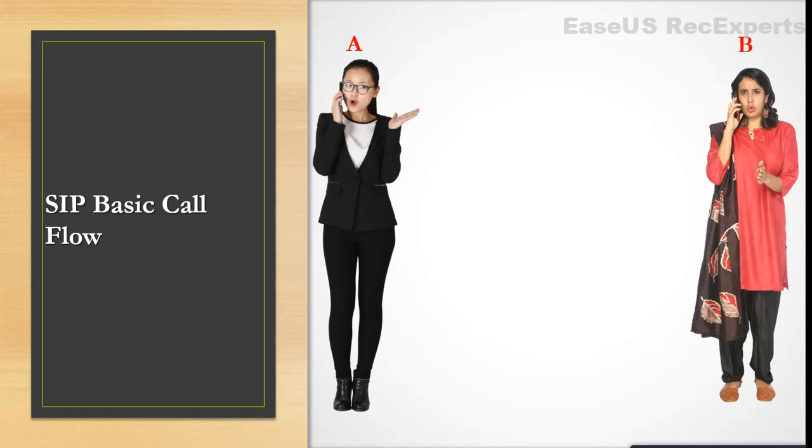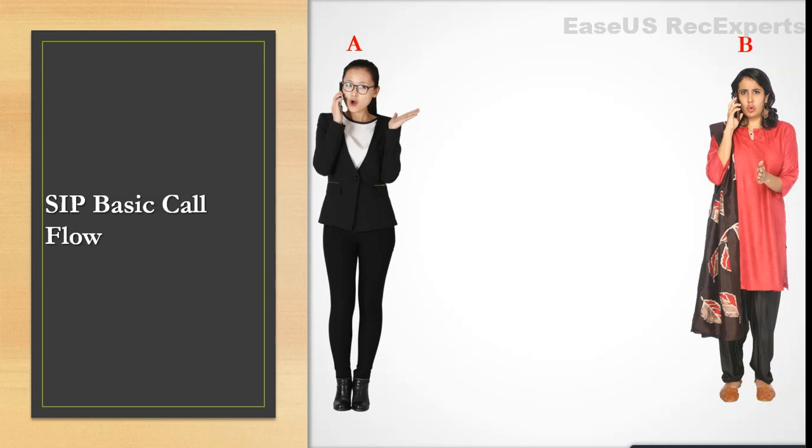So what happens? Here we have two users, user A and user B. So when user A tries to call B, and when user B responds to it, there is an exchange of messages. The messages that we would see now, the same messages can be seen in the SIP debugs as well, though there are a lot of other things that have to be understood before you go through a SIP debug.